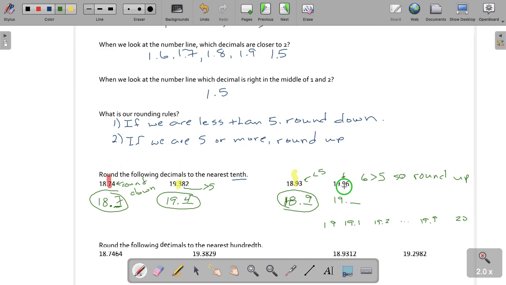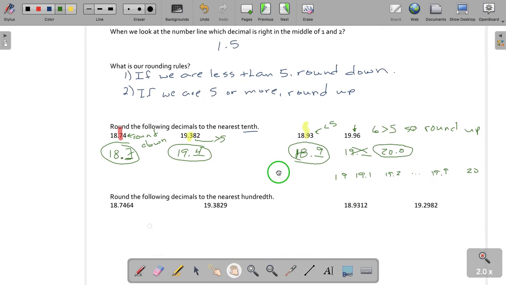Okay, the bigger number there would be a 10. We can't say 19 and 10. So what we have to do is we have to round that up to 20. So this one is 20.0. It's the next biggest decimal. Okay, 19 is going to go up to 20. Okay, and that gets complicated a little bit there. So we'll see if we have some other options to practice that.